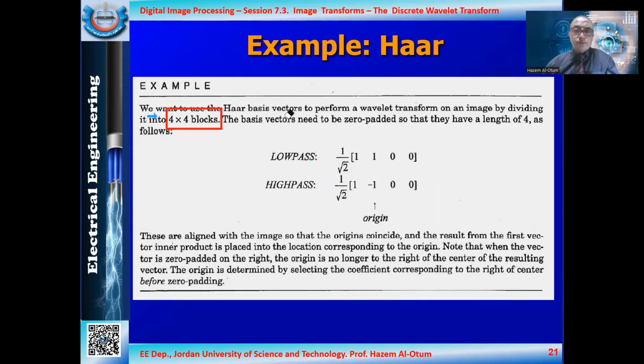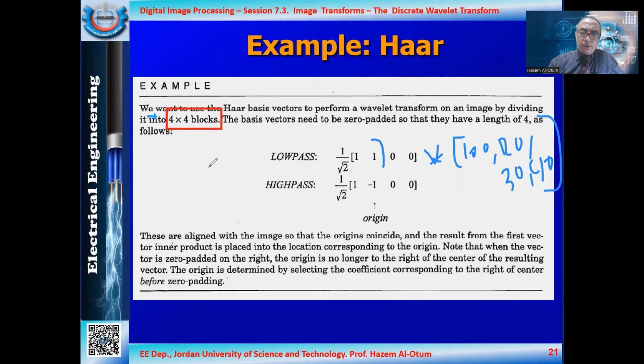Suppose that we have the values that we want to convolve the image with: 120, 35, 30, it could be any value, and 40. Now, if we look at the 1, 1 and 1, minus 1 of the Haar, the origin is placed into the location corresponding to the origin.